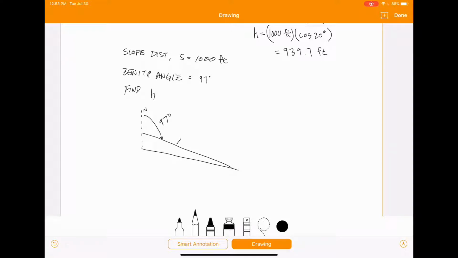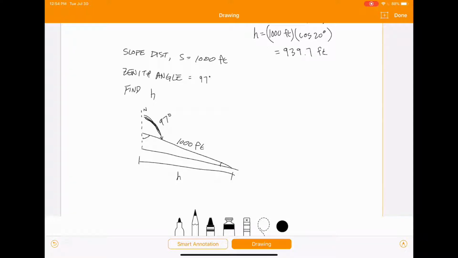And we have the slope distance of 1,000 feet, and we're trying to find our horizontal distance, H. So in this case, we have this angle here, but we need to know either this angle or this angle in order to find our H.